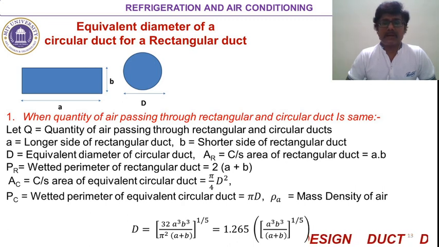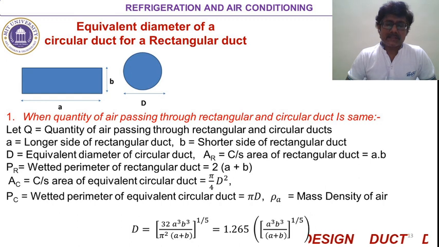P subscript R, the wetted perimeter of the rectangular duct, twice (A plus B); A subscript C, again the cross-sectional area for the circular duct, pi by 4 D square; P subscript C, the wetted perimeter of the equivalent circular duct, pi into D; and rho A, the mass density of the air.